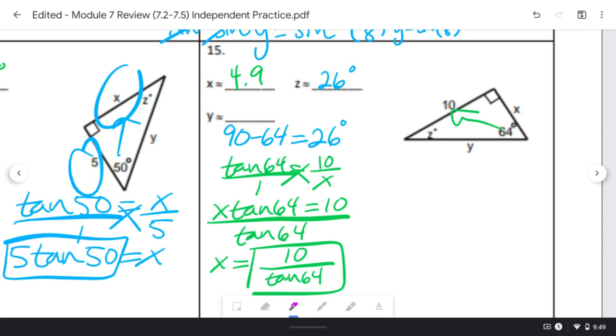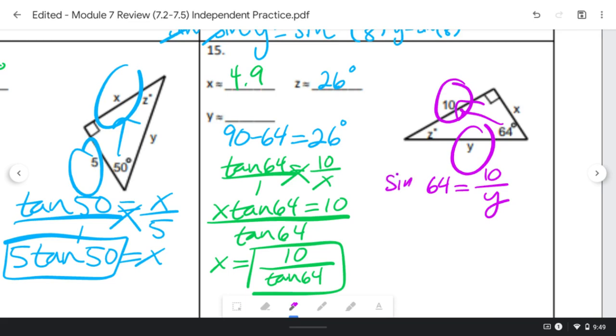Now we have to solve for y. So again, I want to make sure I use 10 in my ratio so that it's a more accurate number. And I have 64, and y is the hypotenuse, so that's going to be in the denominator. 10 is going to be up top, so I've got opposite over hypotenuse, and that's going to be sine.